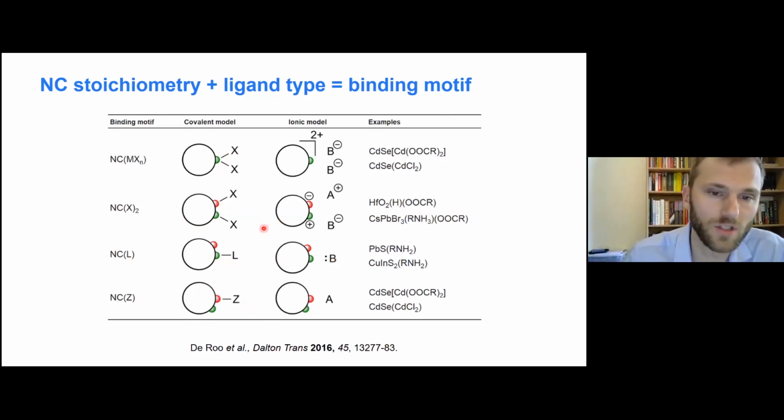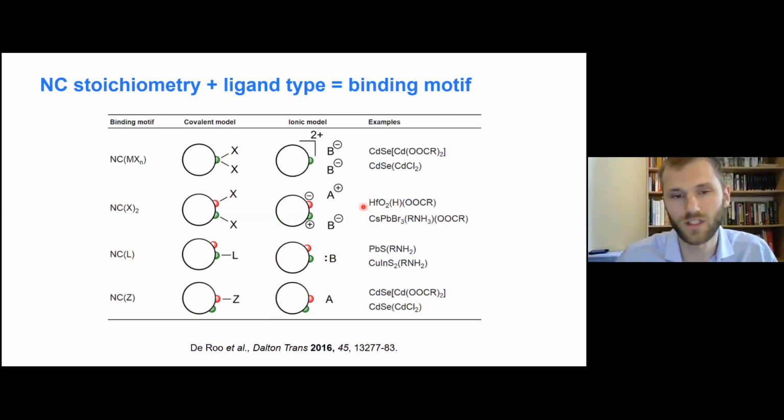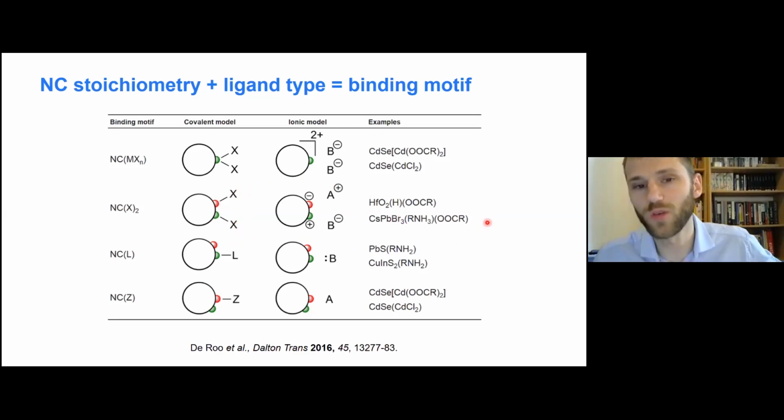This is the one that we introduced for metal oxides, where carboxylic acids can dissociate, and you have 2 X-type ligands. One is the proton binding to an oxygen, and the other one can be the carboxylate binding, or a chloride binding to the metal. Then there were also the cesium-lead bromides, which can be classified in the same class.